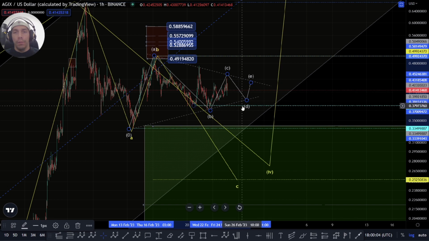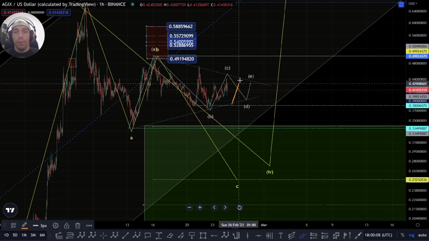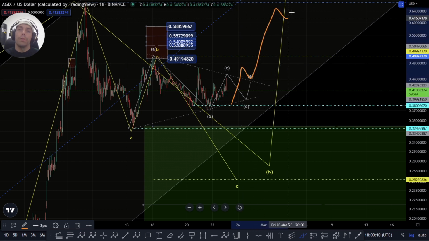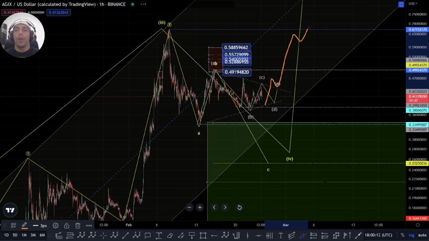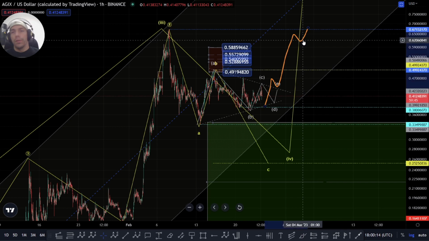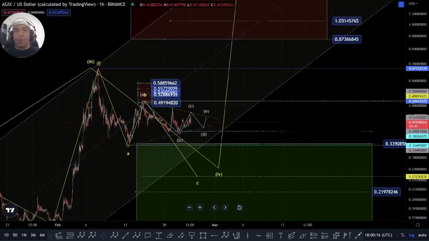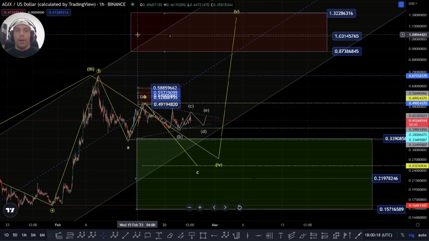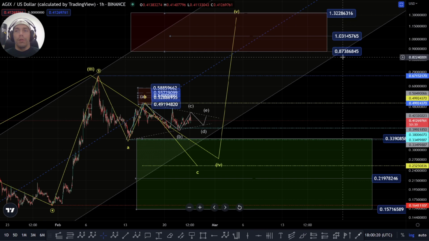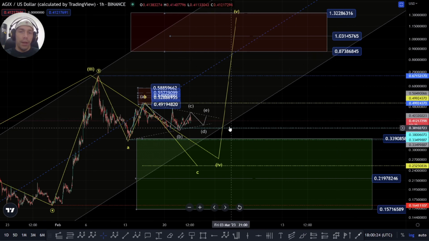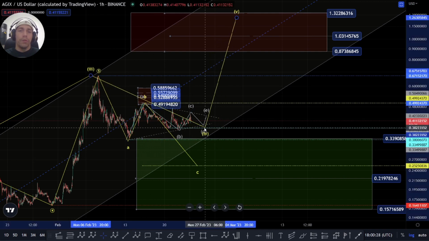If we do come back in for a retest, if we do start to see five-wave structure playing off the back of that, then we could potentially look to push to the upside here and look for this fifth wave target area, which we have highlighted at this 132 to this 087. It depends on the structure, rather.